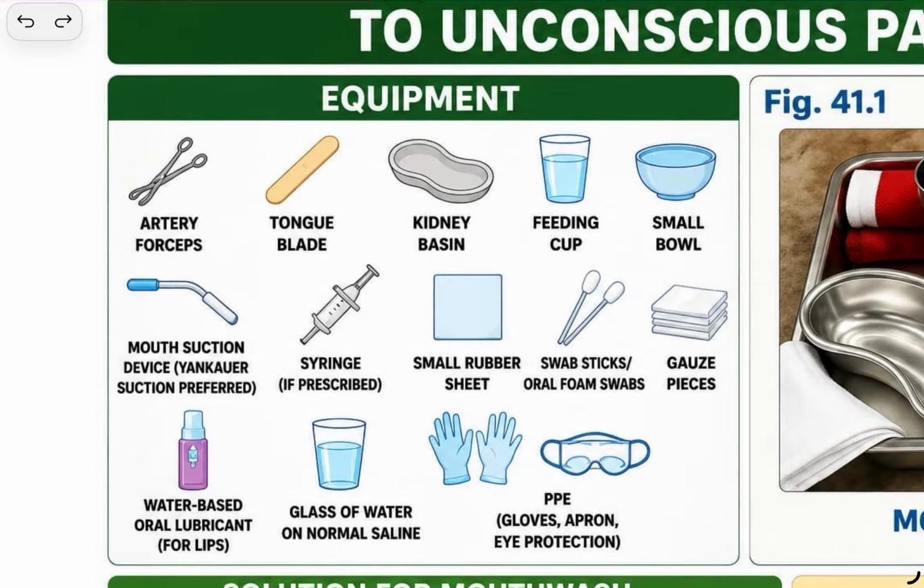Next one is a small bowl with water, and you should also add some solutions. What the solutions are, I will tell. Listen carefully, don't talk. Mouth suction, that is the suction apparatus we need to use.